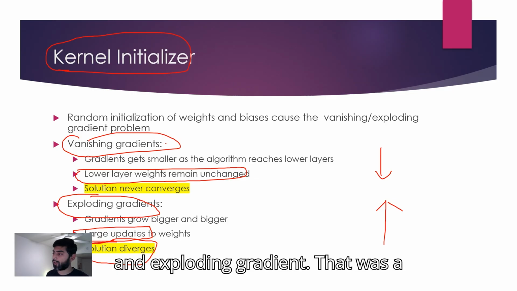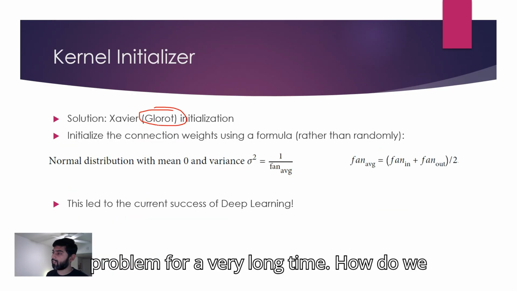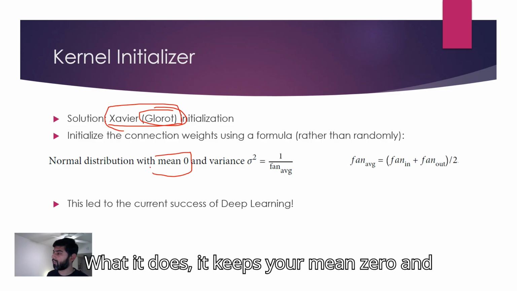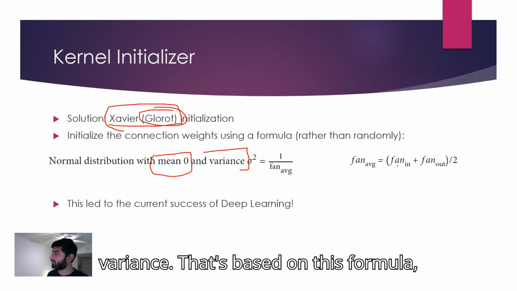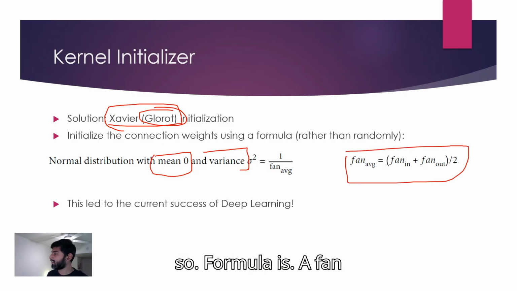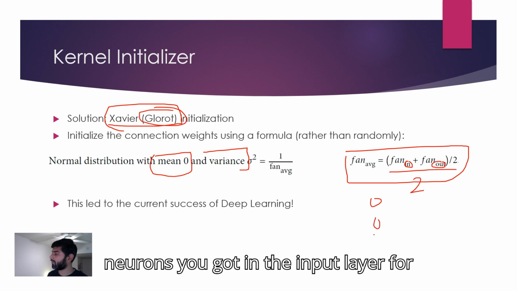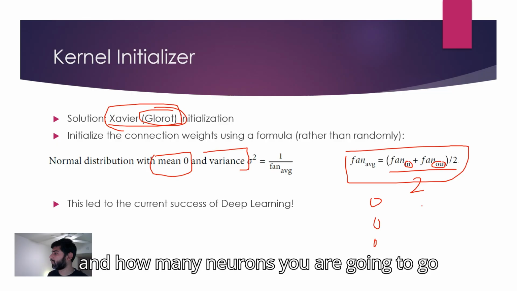That was a problem for a very long time. How do we fix it? Using Xavier-Glorot initialization. What it does is keep your mean 0 and variance based on this formula. The formula is fan in plus fan out over 2. Fan in means how many neurons you have in the input layer, and fan out how many neurons you're going to go to in the output layer.